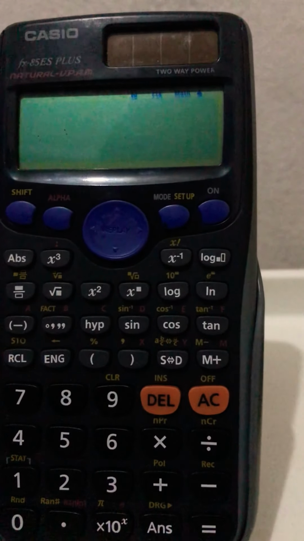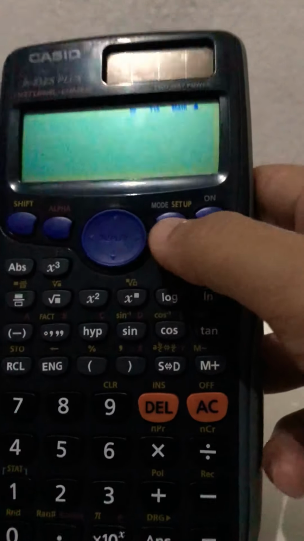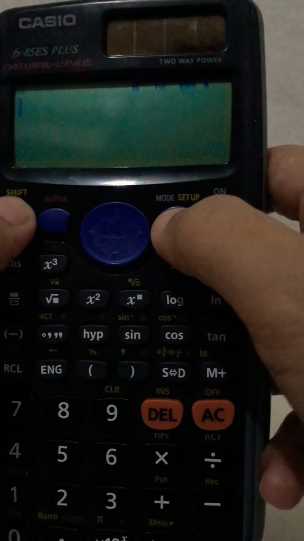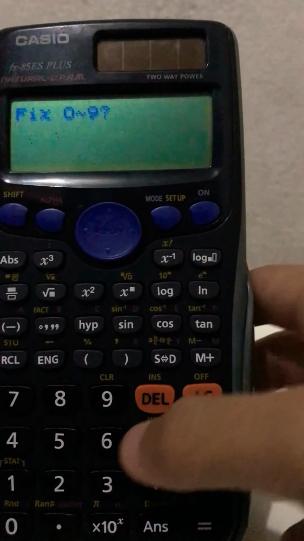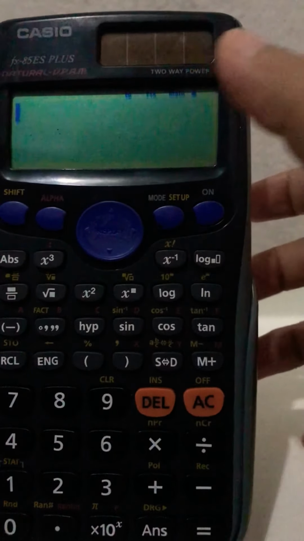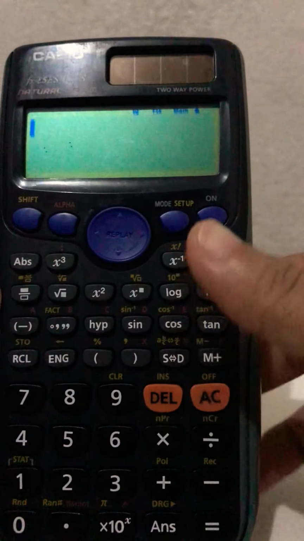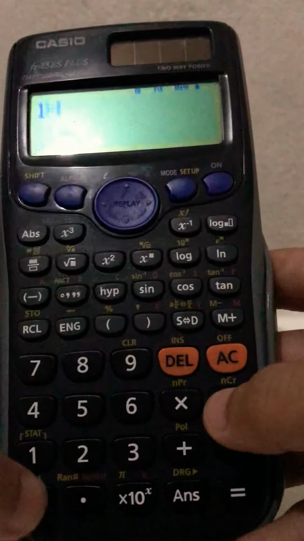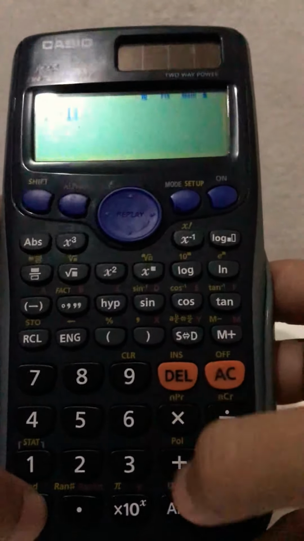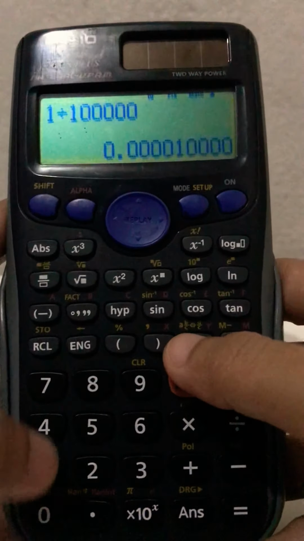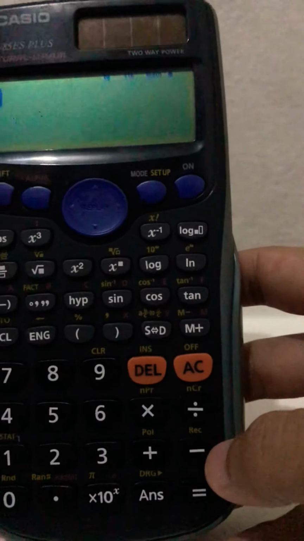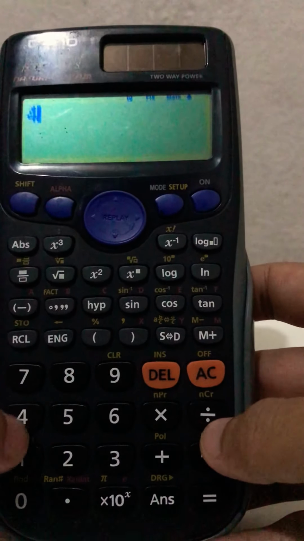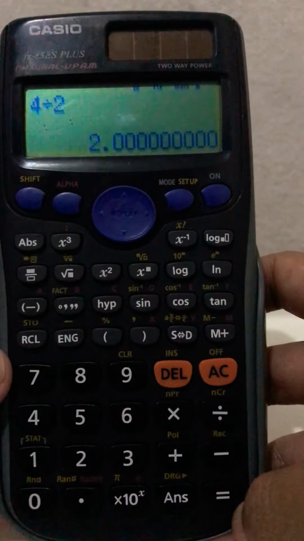I know you're thinking of doing this fix, but then maybe you're thinking about 9 decimal places this time. Let's check. Yeah, it gives you that. But a problem exists if I have something like 4 divided by 2.